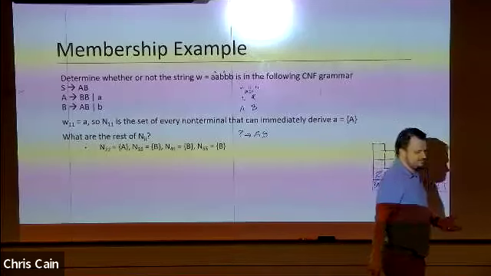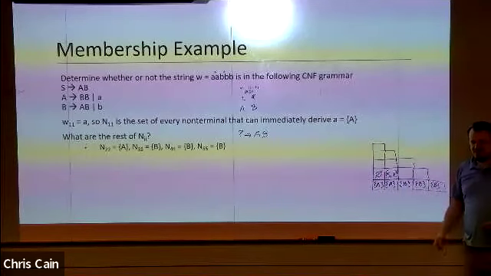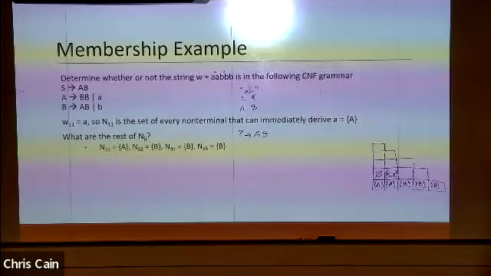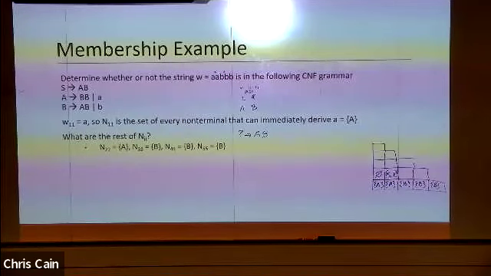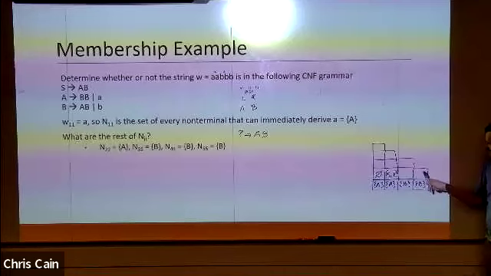Because some grammars will have all of those being the same, but most won't. So this is what goes here. So now my question for everyone is to fill out these last couple of boxes. What goes here and here? Using this same idea, fill out everything that's left of substrings of length 2.